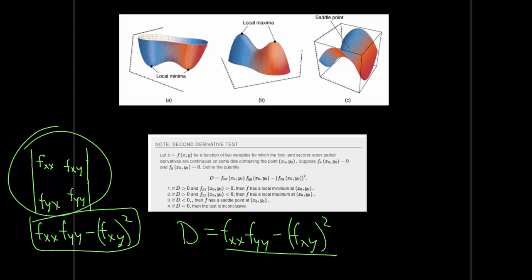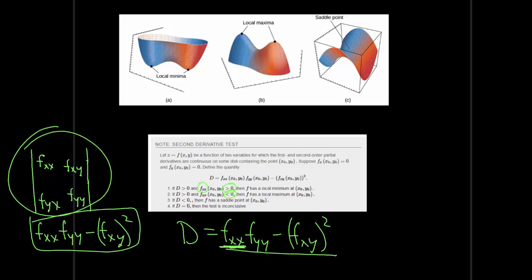It harkens back to the second derivative test, where greater than 0 indicates a minimum and less than 0 indicates a maximum. But notice what you're doing: you're using fxx, this one right here. If fxx is greater than 0, then it's a minimum. If it's less than 0, it's a maximum, provided D is greater than 0.